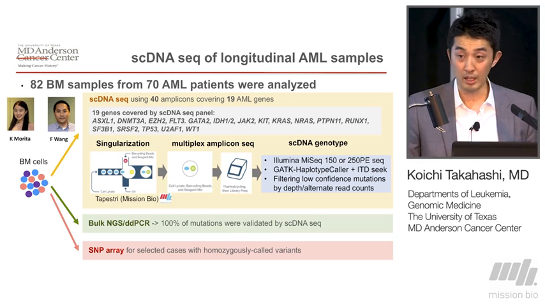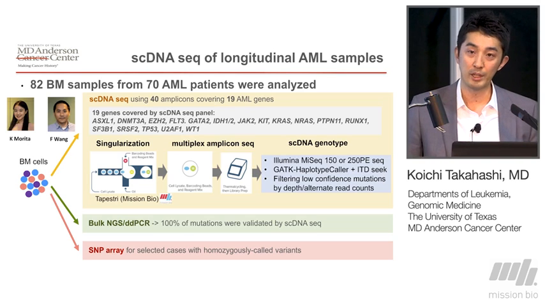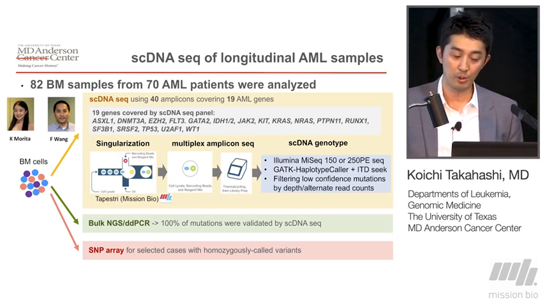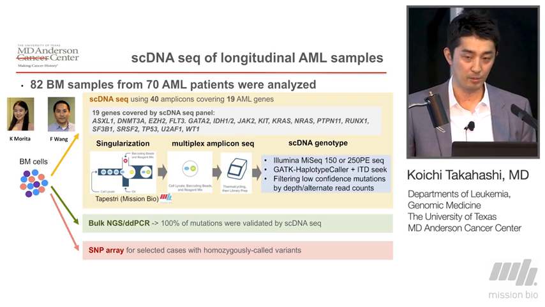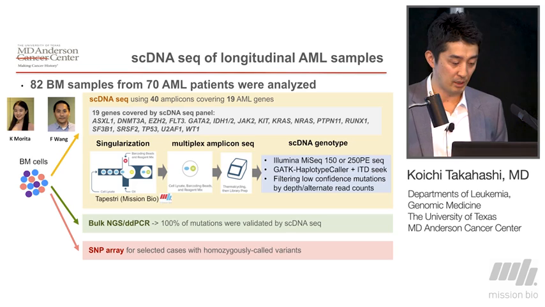We are very happy to see that 100% of the mutations called by the bulk-seq were also called by the single cell DNA-seq platform. So there's really good concordance between the bulk-seq and the single cell seq.